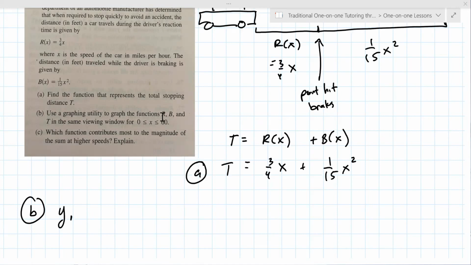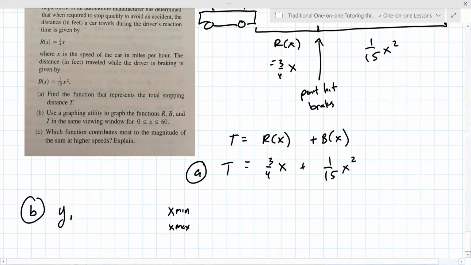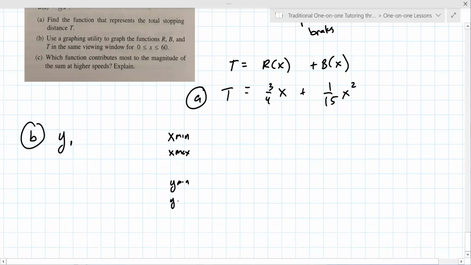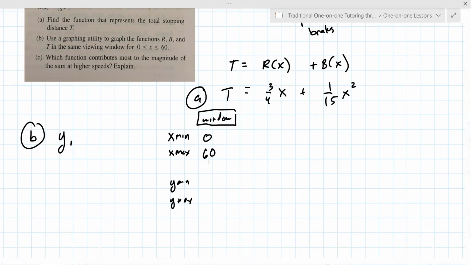So this right here is telling you your window. You have an X min, an X max, and a Y min and a Y max, and that's under window. If you hit the window button, you guys can grab that. Your X min should be 0 and your X max 60. The Y is the more complicated one.